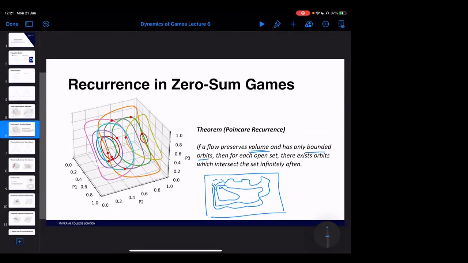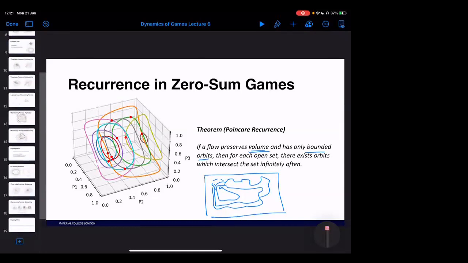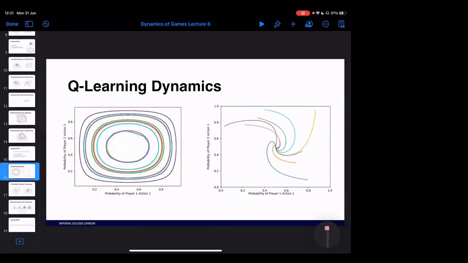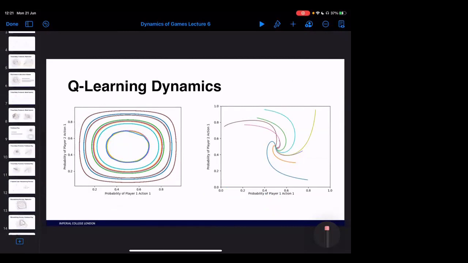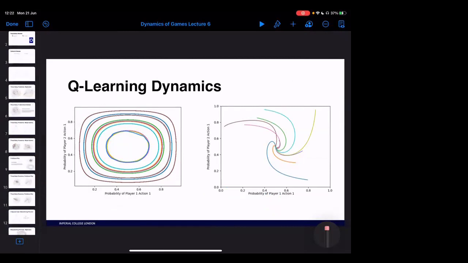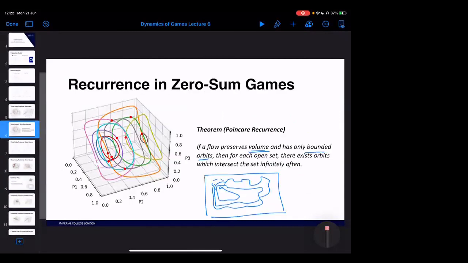Now, the first part of that, the volume preservation, we've already looked at. We've already seen this because we looked at replicator in zero-sum games, and we showed that it was a Hamiltonian system, right? So it conserves a notion of energy along the trajectory. And what that tells us is that the system is conservative, right? Now, in particular, we use the word, where did we use the word?